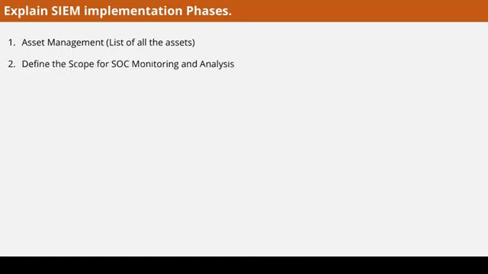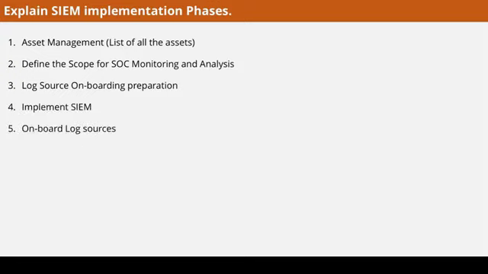Explain SIM implementation phases. The phases can be highlighted as, first thing is asset management. That means we need to make a list of all the assets. Define the scope for SOC monitoring and analysis. Log source onboarding preparation. That means create the necessary accounts, open the necessary ports.